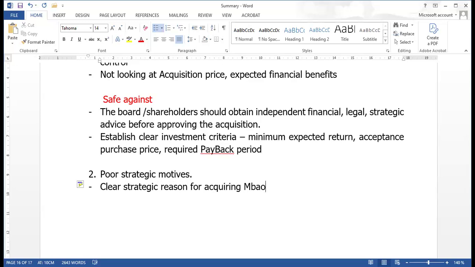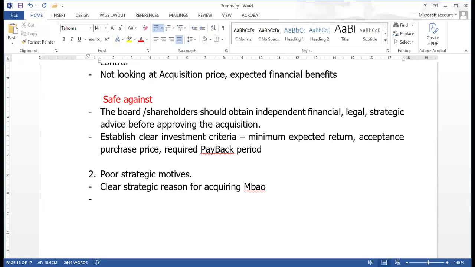You may find that for you as an entity, you are just expanding because competitors are expanding, or because it wants to build a larger business empire, without looking at other things, where the acquisition does not support your long-term objectives.